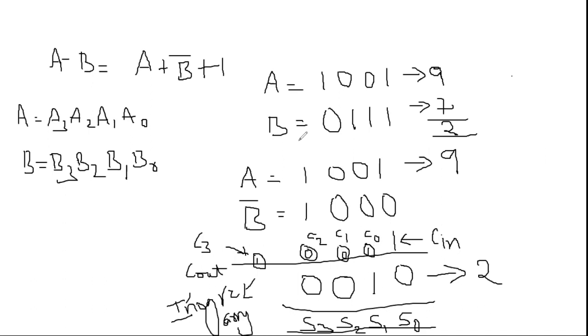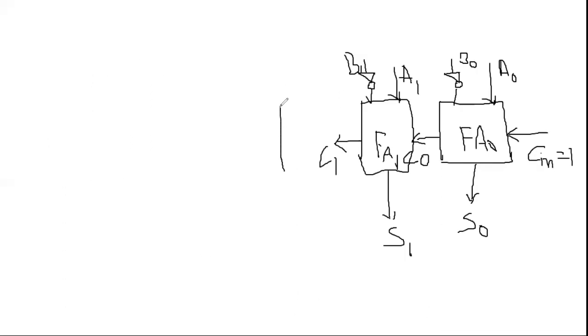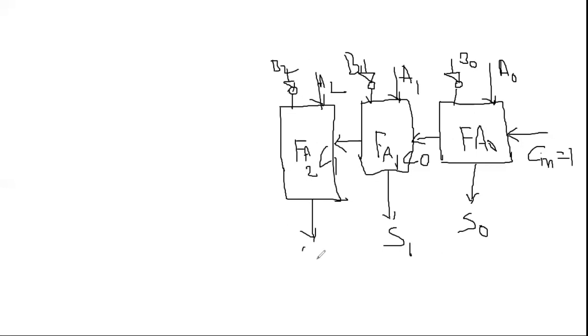Then I take another full adder, named full adder 2, with A2 as one bit and B2 bar. I convert B2 into its one's complement, B2 bar, and it performs the full adder operation and generates S2 and C2.